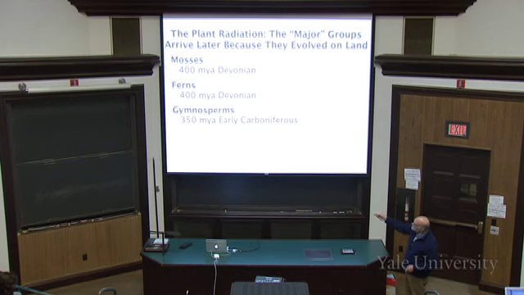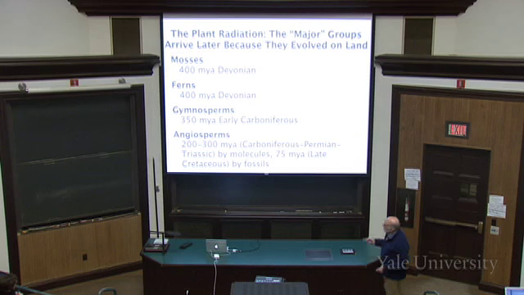But there are recognizable gymnosperms 350 million years ago. And when the flowering plants evolve depends on whether you're looking at molecules or fossils. The molecules suggest that it might be as old as Carboniferous, Permian, Triassic, that is 200 to 300 million years ago. Some people don't believe that.